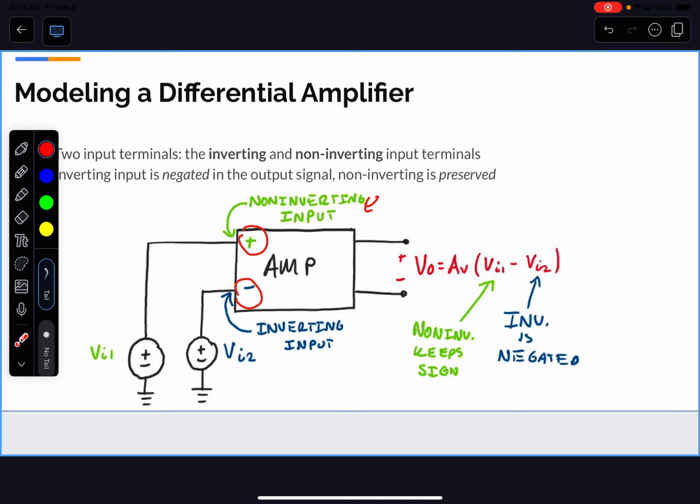If you put in a negative voltage, your output will be an amplified version of it, but with the opposite sign. So still the same gain, but opposite sign. But if you were to choose the non-inverting input, then your output would still be the same number, in the same sign. Does that make sense?